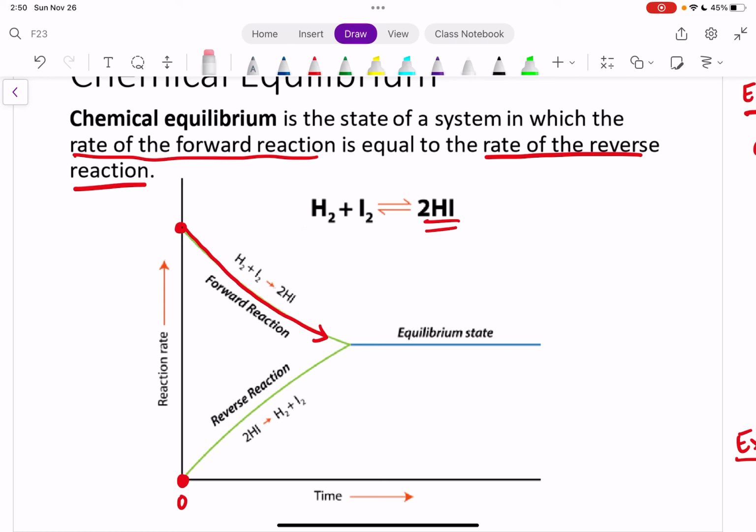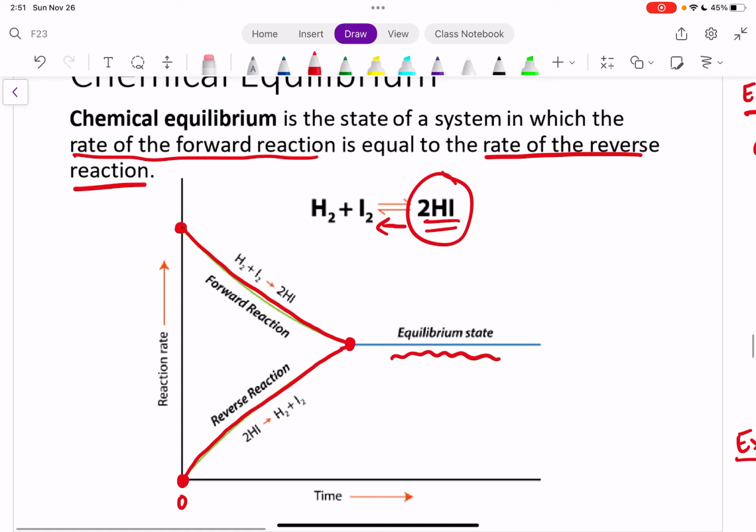Once I start making some HI, it can start back reacting and forming back my reactants. So it's going to start slow and increase as time goes on. And at some point, the rate of the forward reaction and the backward reaction are going to meet right in the middle. And that's when we get chemical equilibrium.